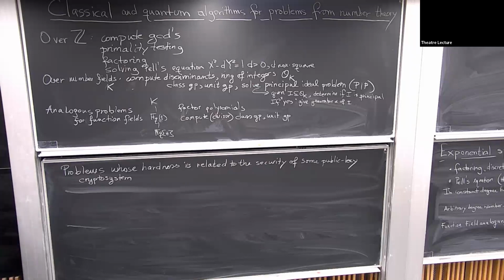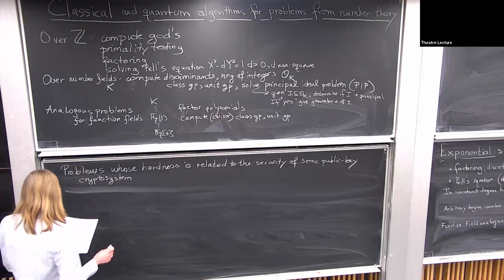If you look at one of the standard textbooks, Katz-Lindell, that's Jonathan Katz, Introduction to Modern Cryptography, he says matter of factly that in this public key setting, all the constructions really come from some hard problem from number theory.